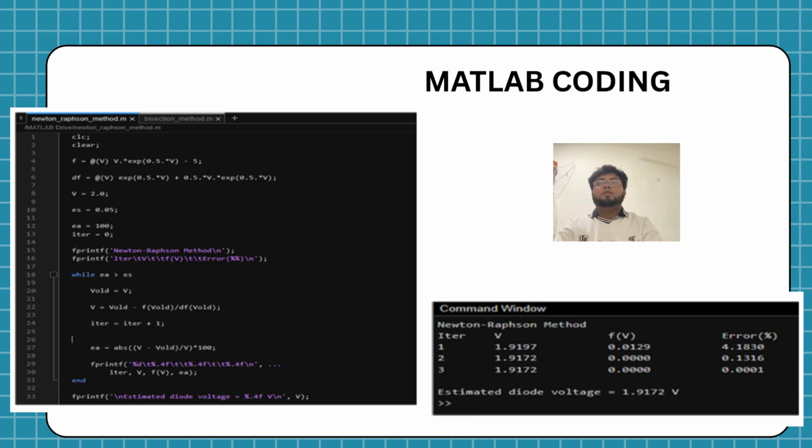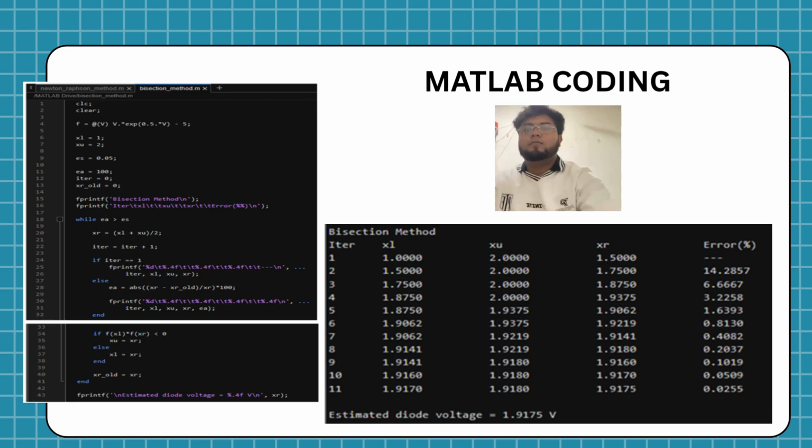Next is the MATLAB coding for the Newton-Raphson method. To simplify calculation and improve accuracy, MATLAB is used. The program defines the nonlinear function, computes its derivative, applies the Newton iteration formula, and stops when the error reaches the specified tolerance. Using MATLAB reduces manual calculation error and allows faster computation.